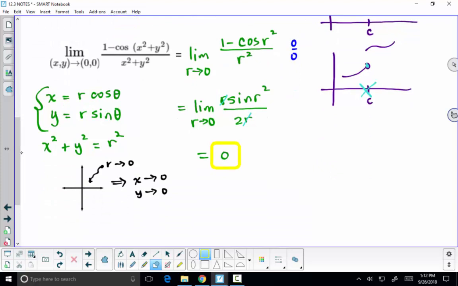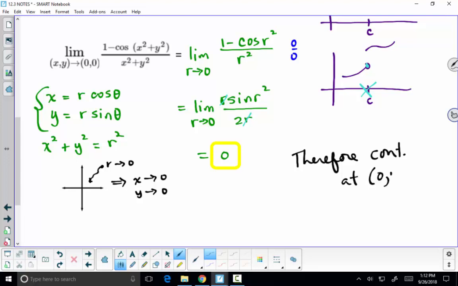And we also have the limit of the function being 0. So if the value and the limit are the same, that means the function is continuous at the point in question. So therefore, it's continuous at the origin.